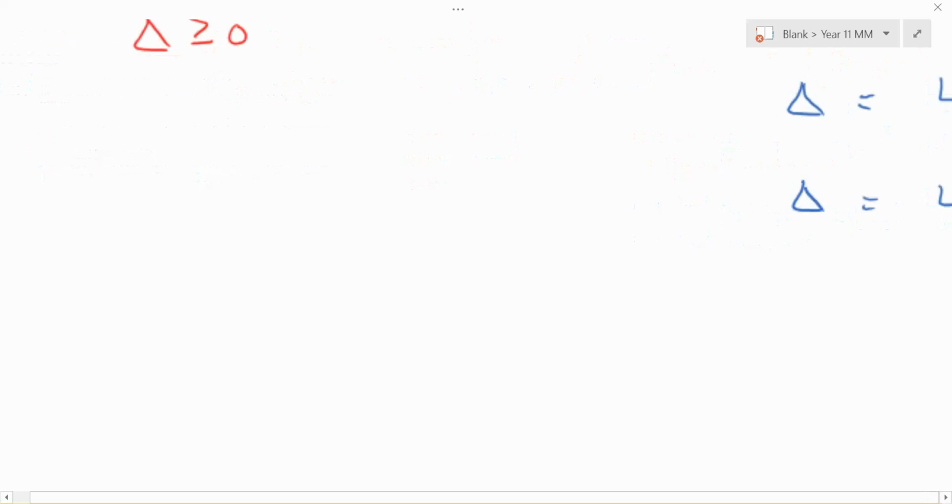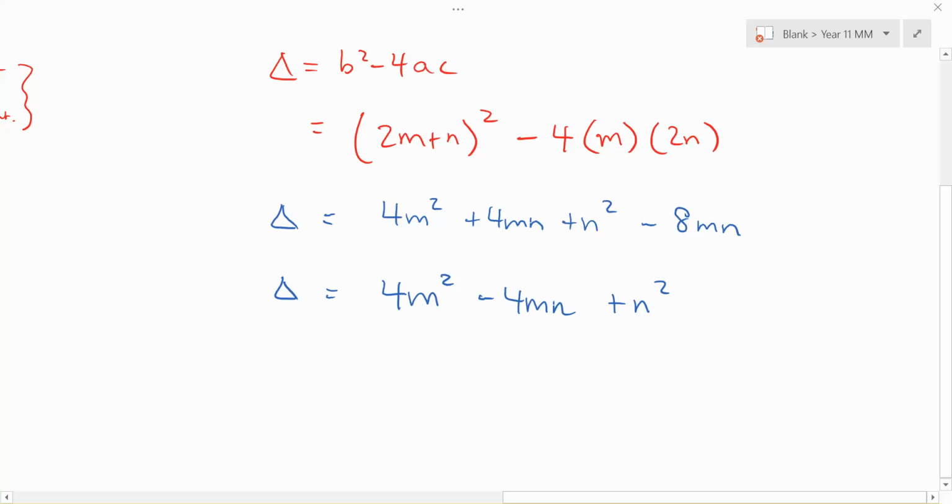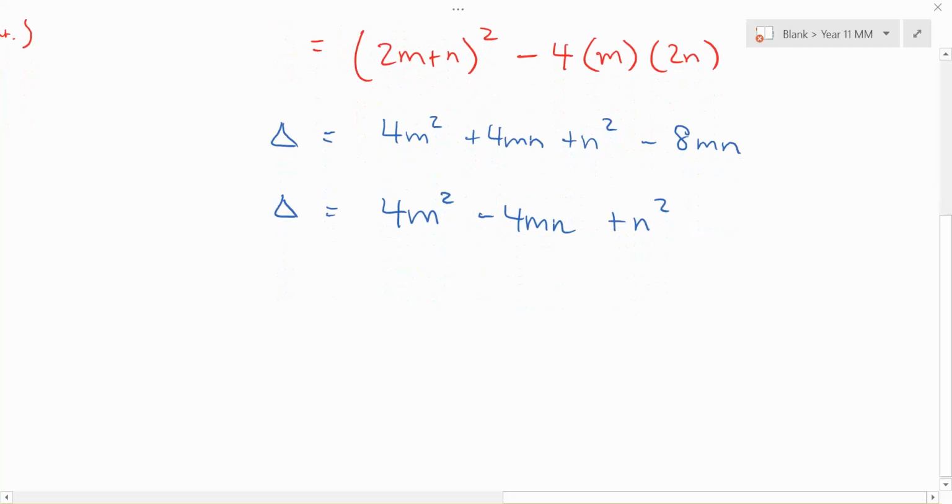All you really have to show is that if this is a perfect square, you're always going to have rational solutions. So here we go. If I factorize this a bit further, I take out 4, and I get m squared minus mn plus n squared on 4.